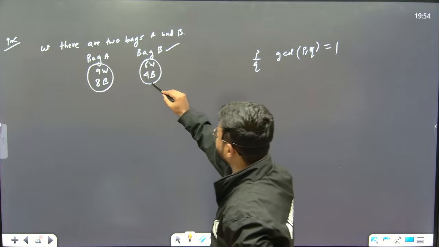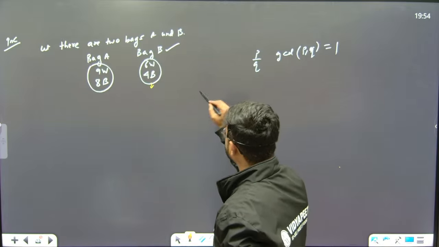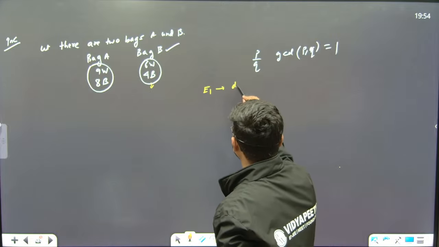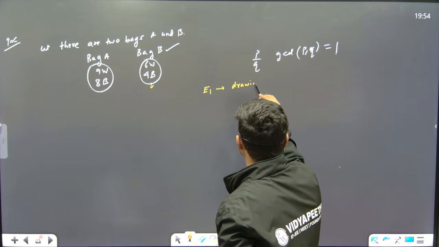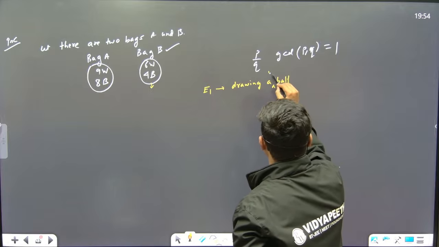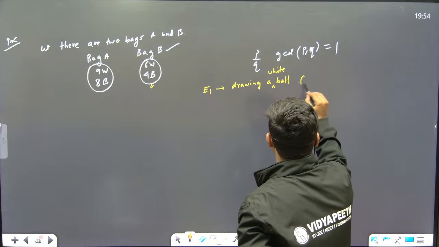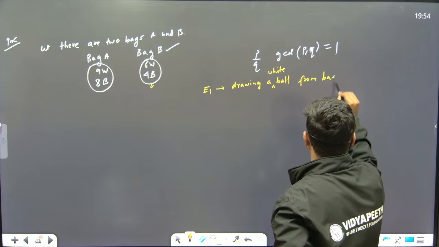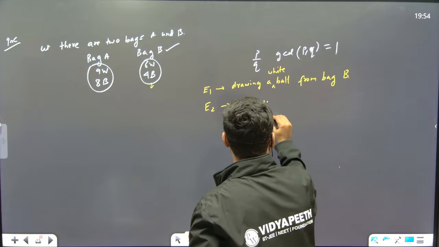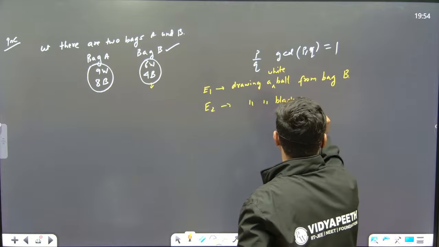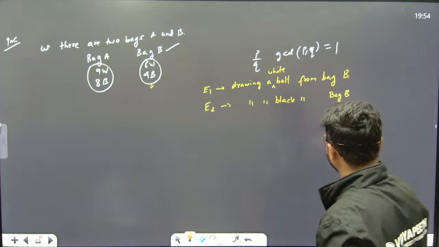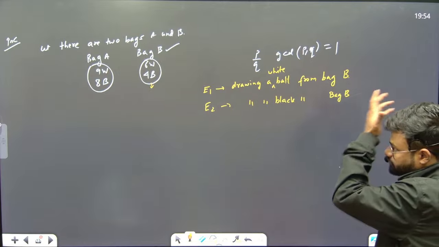So first I am drawing a ball from bag B. Let's consider this event E1: drawing a white ball from bag B, and let's say E2 is the event of drawing a black ball from bag B. So from bag B only, I am drawing a white ball and a black ball, right?